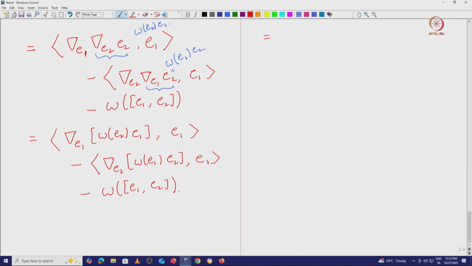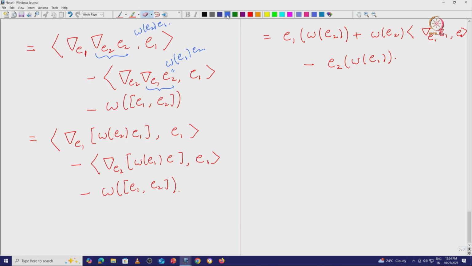Okay, now you apply Leibniz rule. So Leibniz rule, you will have first E1 applied to omega applied to E2 times the inner product of E1 with E1, which is 1, plus you will have omega E2, minus E2 applied to omega of E1 again times the inner product of, sorry, I made a mistake here, this should be E1.